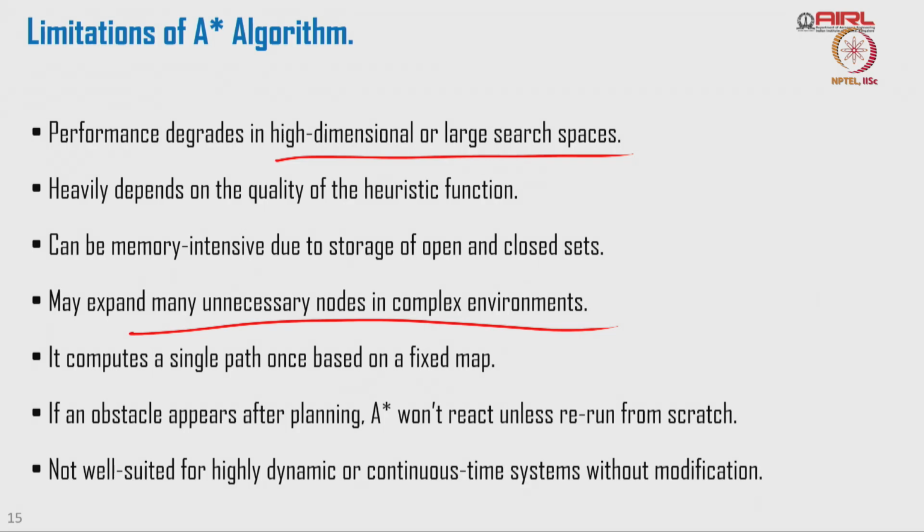It computes a single path once based on a fixed map. Okay. If an obstacle appears after planning, A star won't react unless rerun from scratch. That means when there is something not known or something based on partial information, the prefixed path will not take those surprises into account, and it should rerun from scratch, that means from the start node itself maybe.